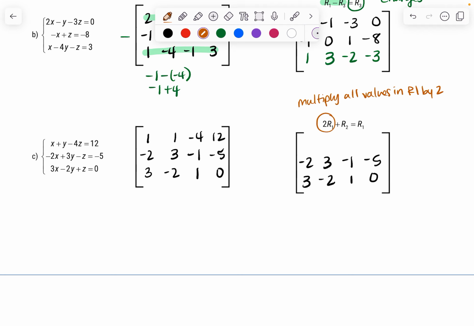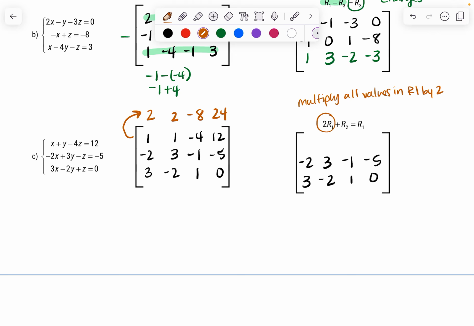But a lot of the times I just recommend somewhere near the row that is being changed, write out what those multiplied values will be. So 1 times 2 is 2, 1 times 2 is 2, -8, and 24. I know that you probably are capable of doing this in your head, but I do think writing it down helps a lot.